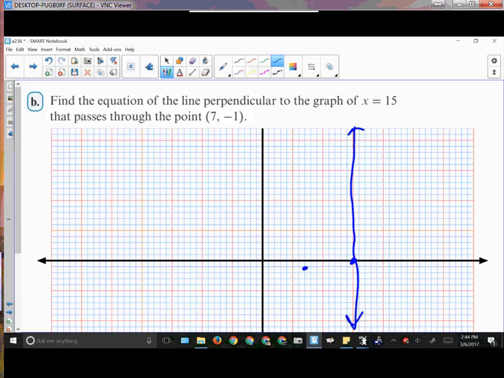And if I want a perpendicular for it, that means it's got to go this way across, correct? So I grab this point here and say y is equal to -1. That's the equation. Okay. Easy enough?